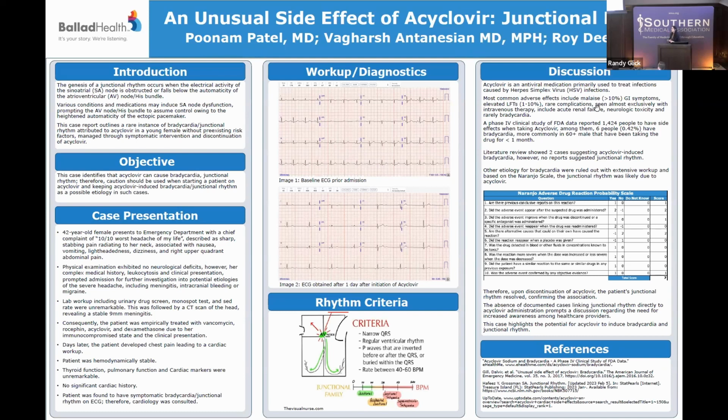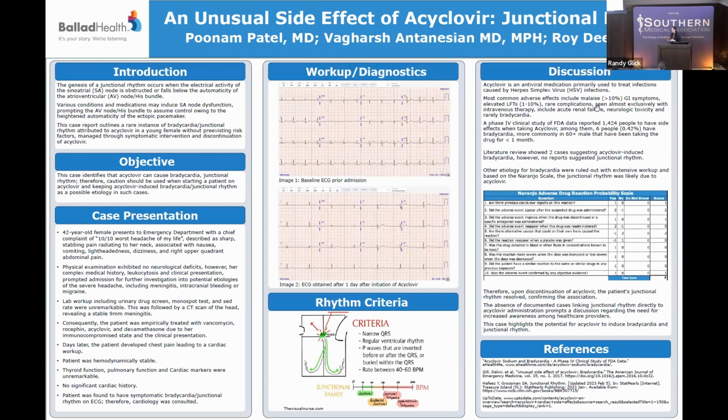Good question. We are very familiar with this patient. The patient had vancomycin, Rocephin, and dexamethasone on a prior admission. The only thing that was new for her was acyclovir. For vancomycin, Rocephin, and dexamethasone, there are no reported cases of bradycardia. The only other cause was acyclovir.